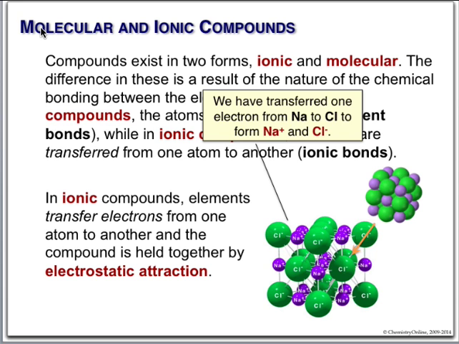That makes the sodium positive and the chlorine negative. These things are held together by electrostatic force. So here, the positive and the negative just stick together. They stick together in a very regular way, and that's why we get very nice geometry in our crystals.